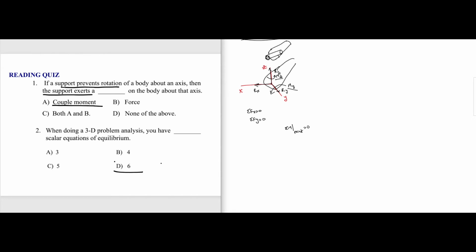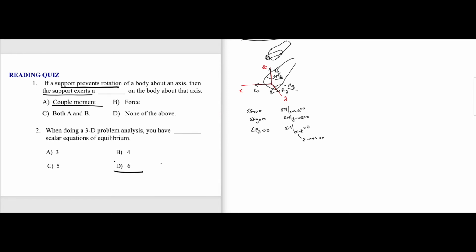What about in 3D? We have sum of Fz, sum of all the forces in the z direction, equal to 0. Then sum of the moments with respect to x-axis is 0, sum of moments with respect to y-axis is 0, sum of moments with respect to z-axis is equal to 0. So we have 6 equations in total.